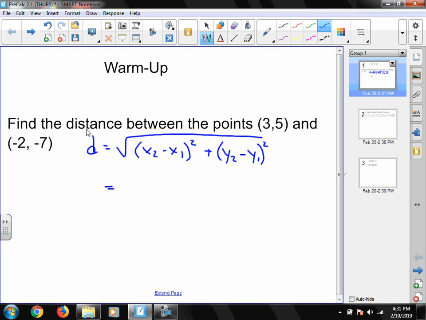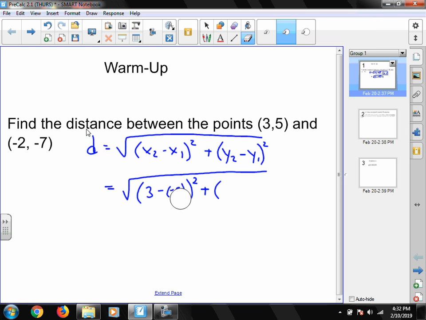So I'm going to go square root of 3 minus -2 squared plus 5 minus -7 squared. You guys probably already caught that by now, but I didn't.